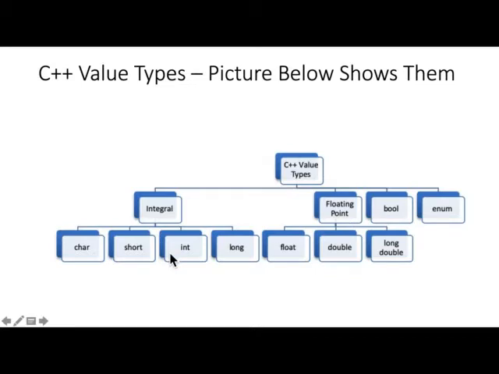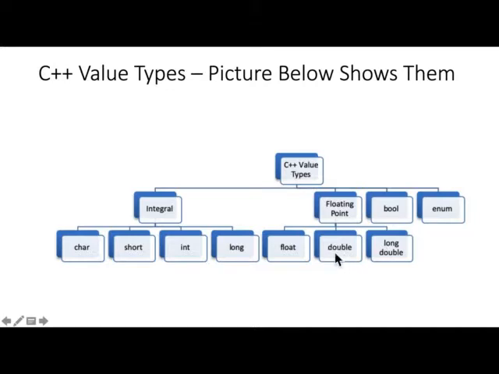So integral type has no decimal point and nothing to the right of a decimal point. But floating point types always have a decimal point, and you will have something to the right of it, could be 0, could be another value. These are called float, double, and long double.